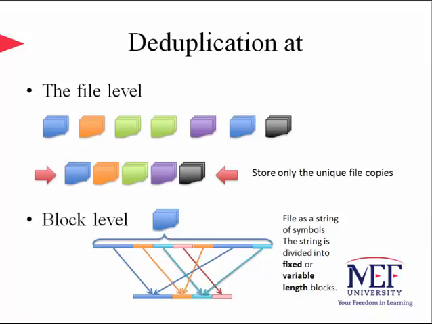File level deduplication is simpler because it's easy to identify identical copies, and the number of files is smaller than the number of blocks or chunks, and we store only unique files or unique chunks. At the block level, the number of blocks to manage increases as we have more and more distinct files because they don't share many blocks with each other.